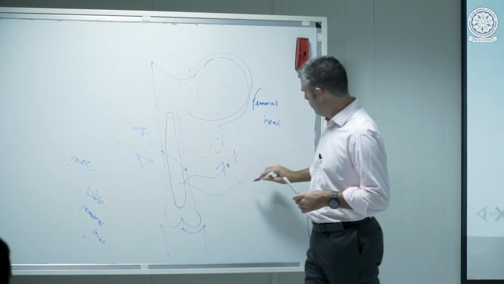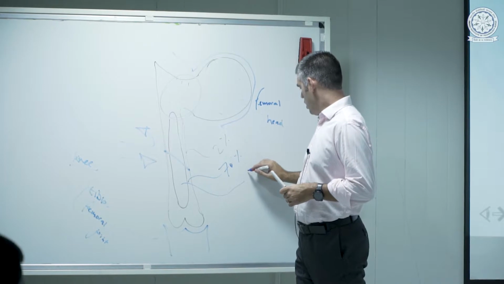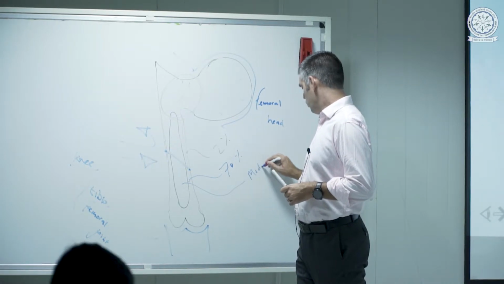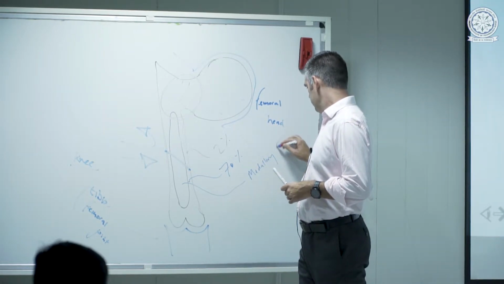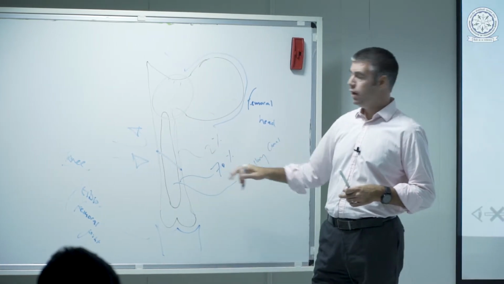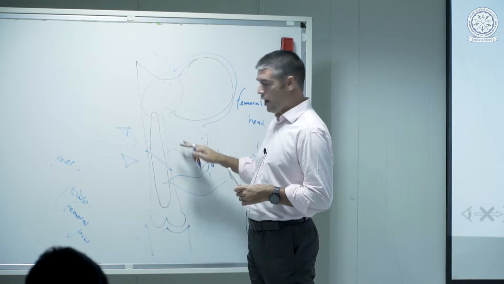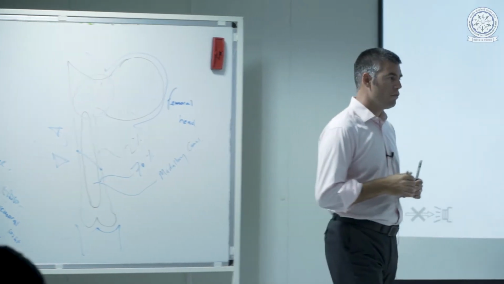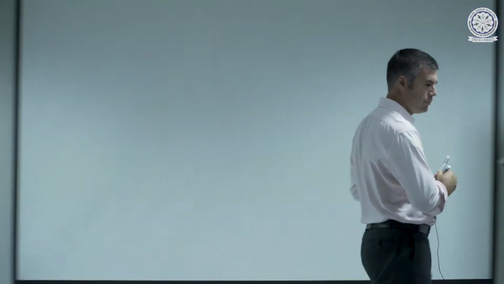The gap in the middle, we call it the medullary canal, is home to bone marrow. And so that's where blood cells and other cells are derived from within the bone marrow.